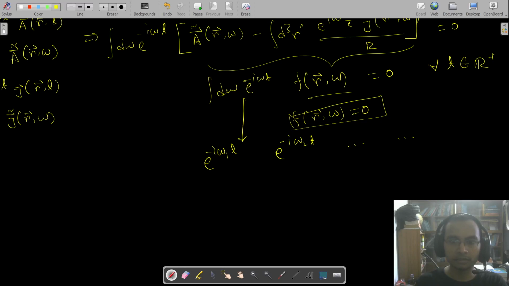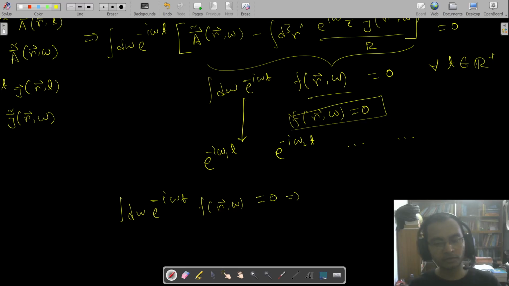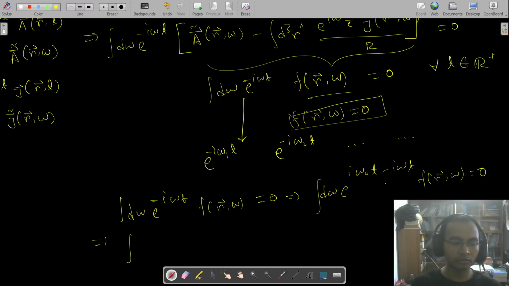So we have this, right? Now what we can do is introduce a factor e to the i omega naught t, and multiply both sides with that. And we can do the dt integration.